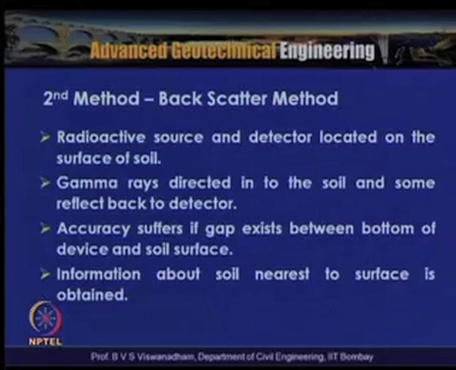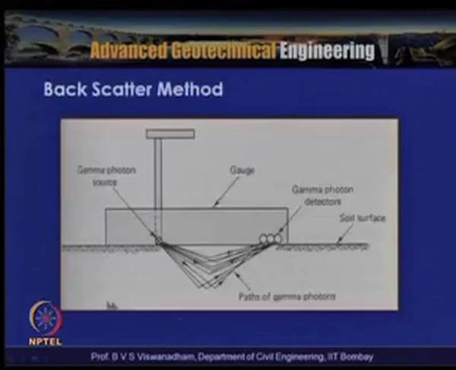Information about the soil nearest to the surface is obtained. In the backscatter method, the detector and source are at the same place and must be in touch with the soil, so information from the surface of the soil can be obtained very effectively.